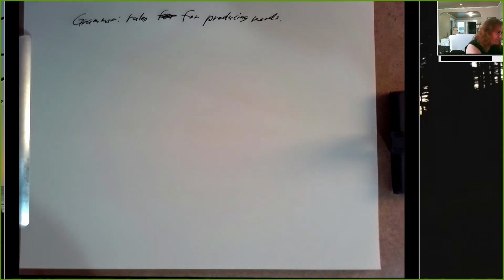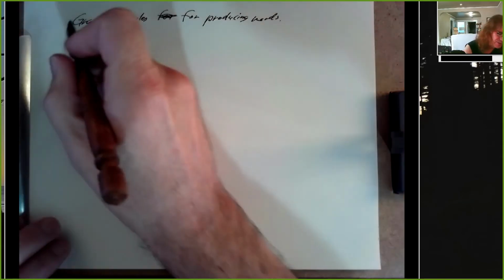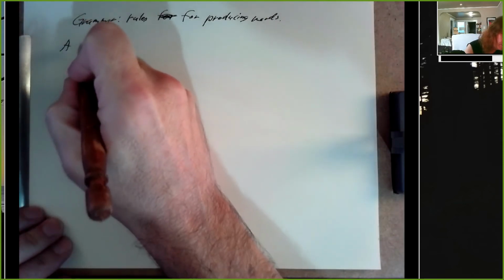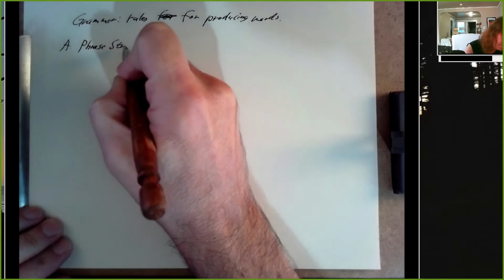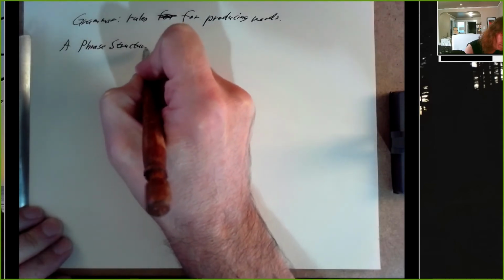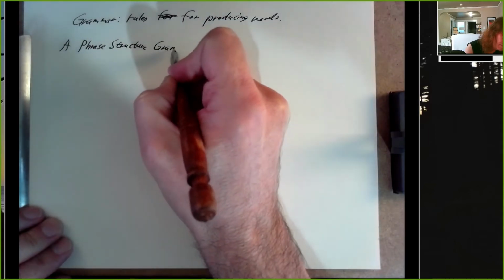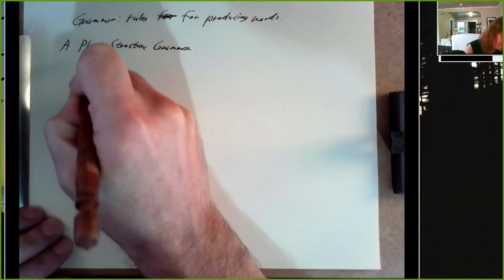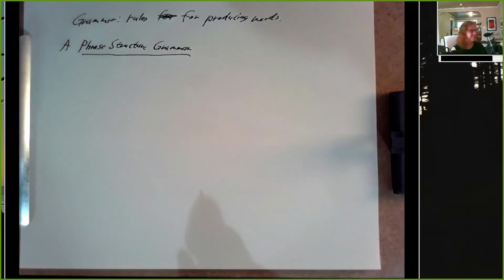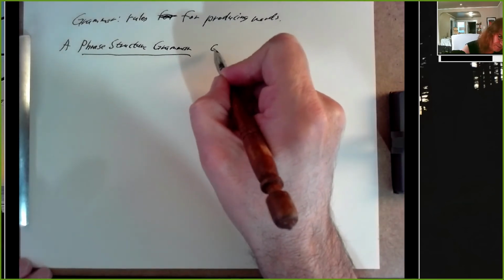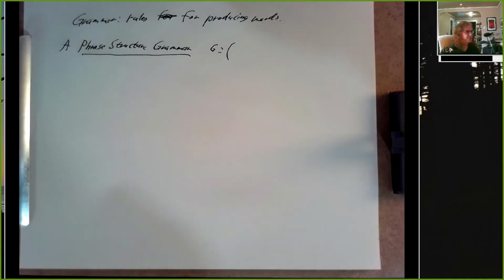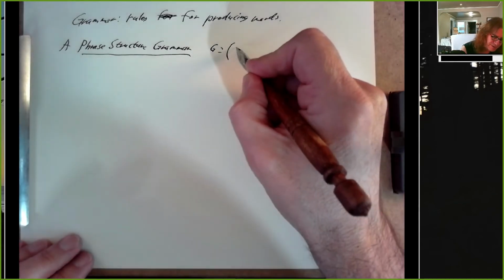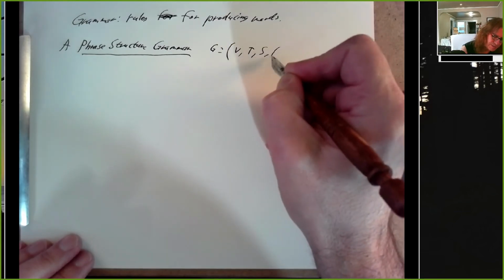And we're going to work with a particular type of grammar, which is a phrase structure grammar. So a phrase structure grammar G is a four-tuple. It's a collection of four things, which we call V, T, S, and P.